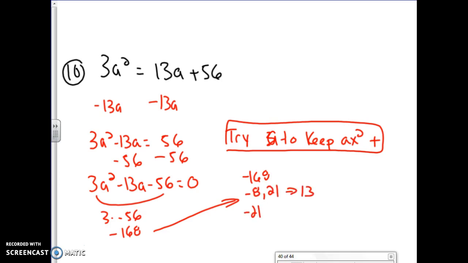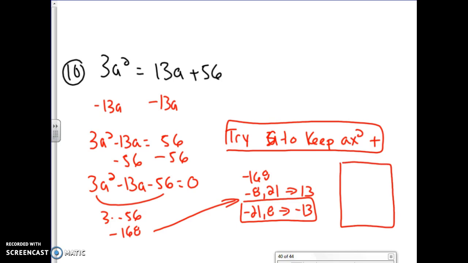So if I think about negative 21 and 8, that sum is negative 13. So that's what I'm going to work with here. In my box, I'm going to put 3a squared, minus 56, minus 21a, and, sorry, plus 8a.